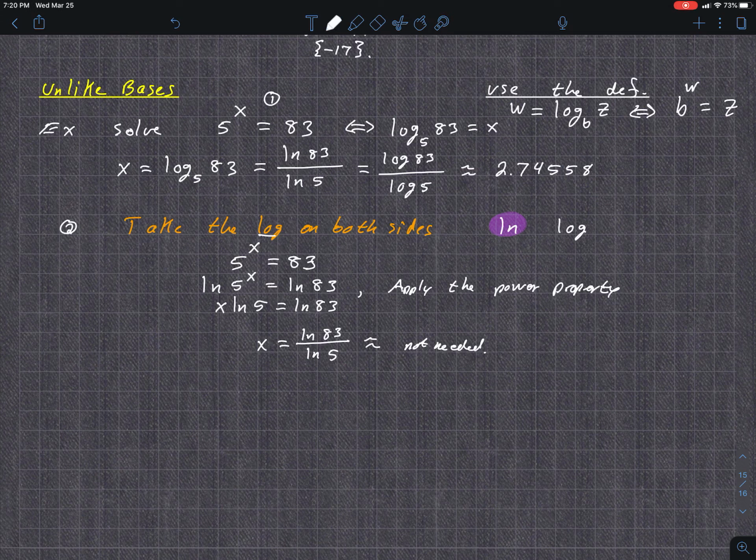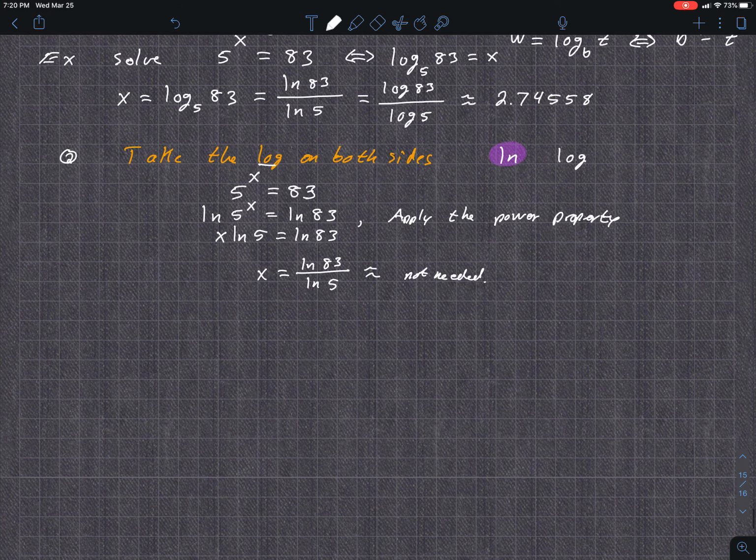Okay, so let's do another one, and you can try it. So next example. Try this one. Solve 7 to the x equals 4. Maybe I'll just say try it, and once I write that, you stop and go do it. All right, so now we're back.